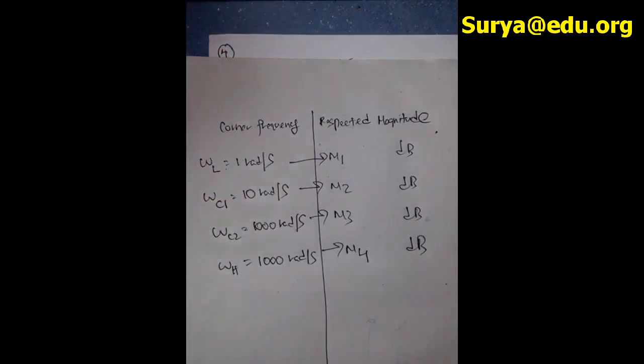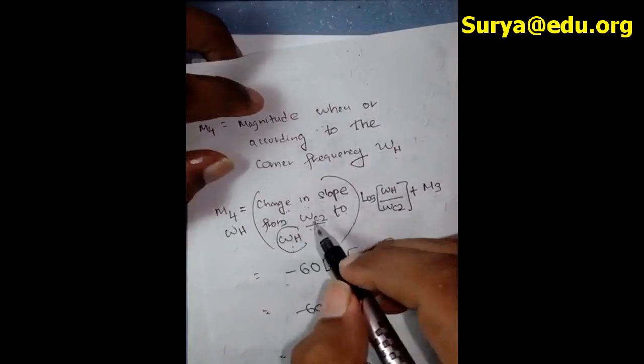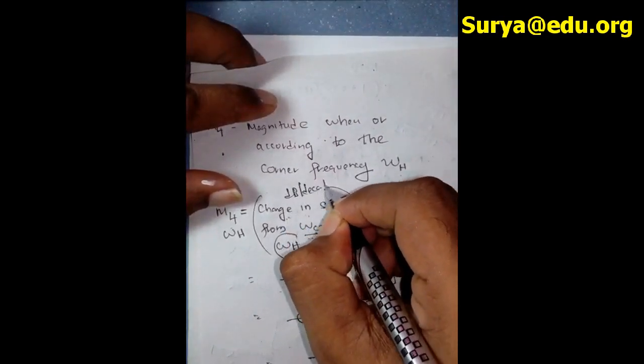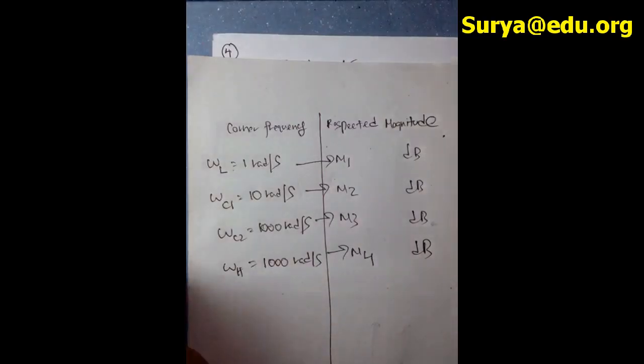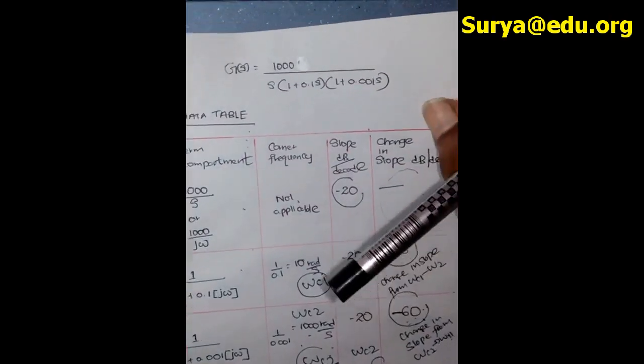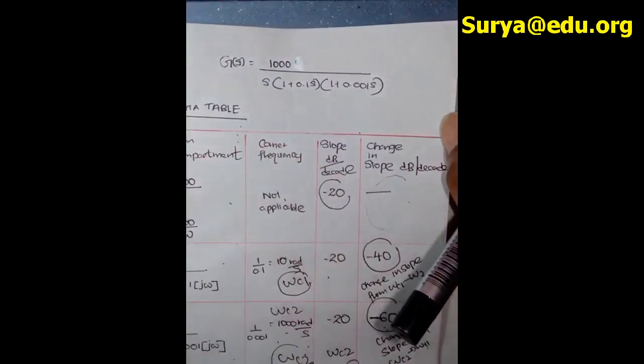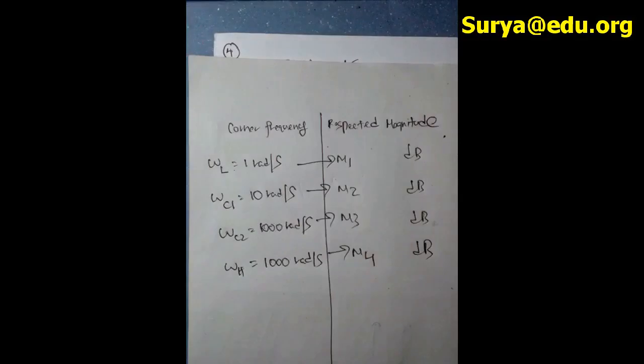But keep in mind, the unit of change in slope is not decibels, it's decibels per decade, as we already discussed in the previous table. Now don't memorize the concept, because if you try to memorize it, you will never learn the thing.